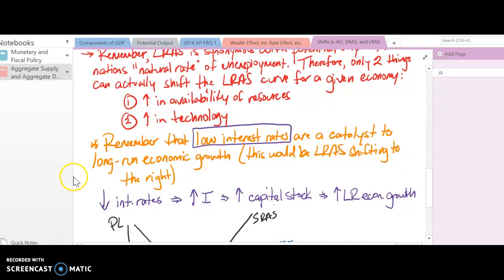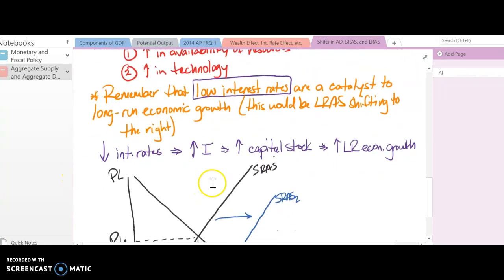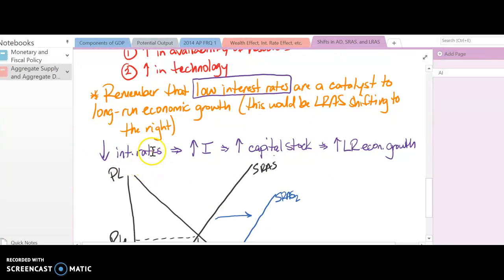Keep in mind, like I said, we're going to talk about this a lot. Low interest rates are a catalyst to potential increases in long run economic growth. Here's the frame of thought again. If we have lower interest rates, which we just talked about with aggregate demand, that would cause consumption to increase and investment to increase.